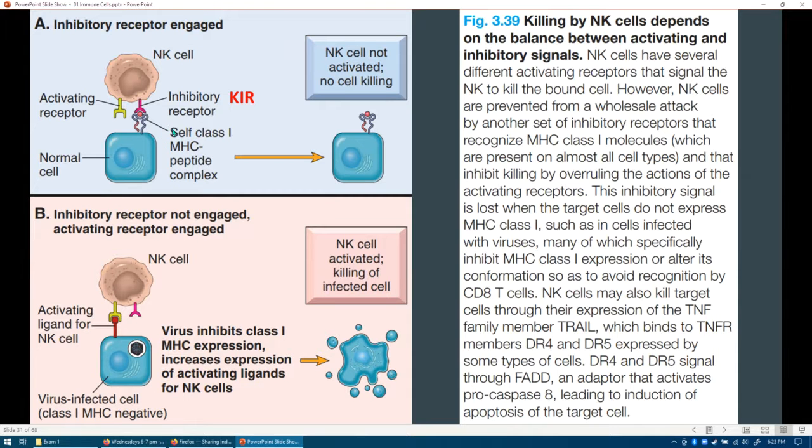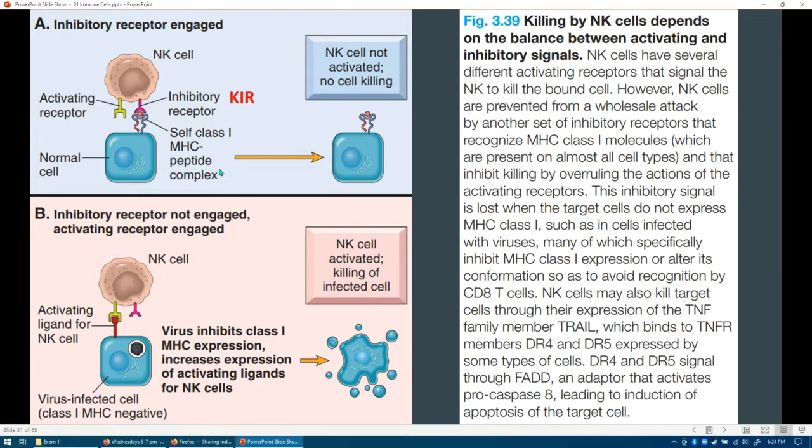And when that happens, when it recognizes MHC1, it's going to send a strong do not kill signal to the natural killer cell. And the natural killer cell is going to say, okay, I'll move on with my day, and I'm not going to kill you. Okay, so the natural killer cell flies away, and it moves on to the next cell.